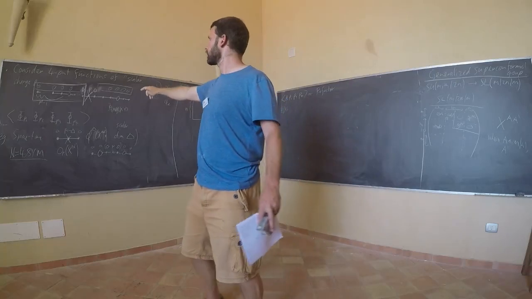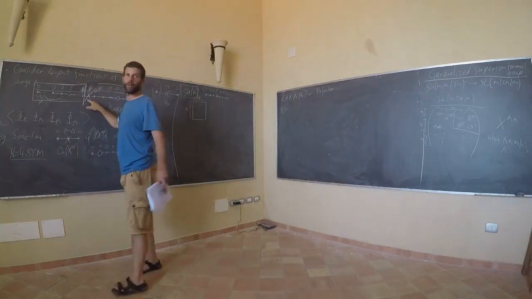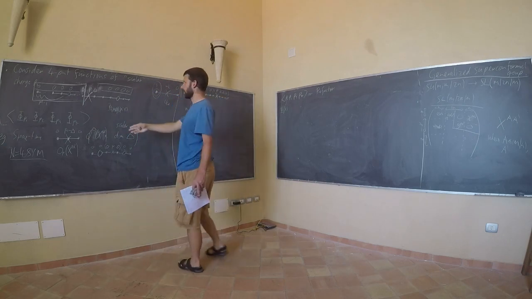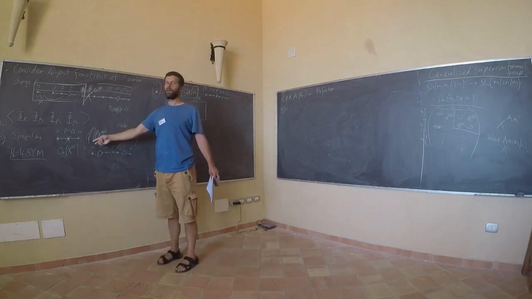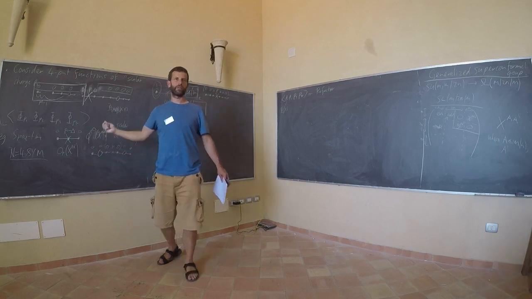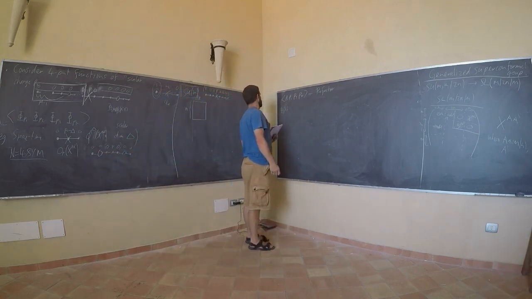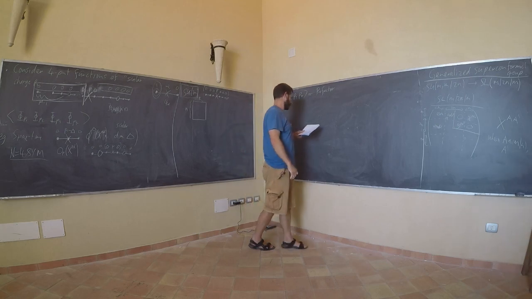In the super case, these are always going to be short. In the case delta equals 1, that's together. So these are half BPS in n equals 4.